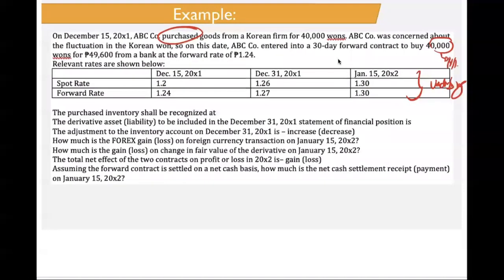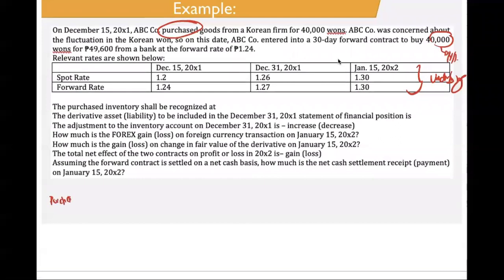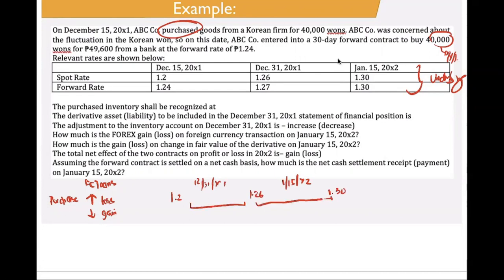Since this is a purchase, what is the rule on your purchase? If the price will increase, we have a loss. If the price will decrease, we have a gain. So first, we account for your foreign currency transaction. What are the rates? December 15, December 31 X1 and then January 15 X2. So the rates are 1.2, 1.26, and 1.30. Here we have a 0.06 increase. So this is a loss.